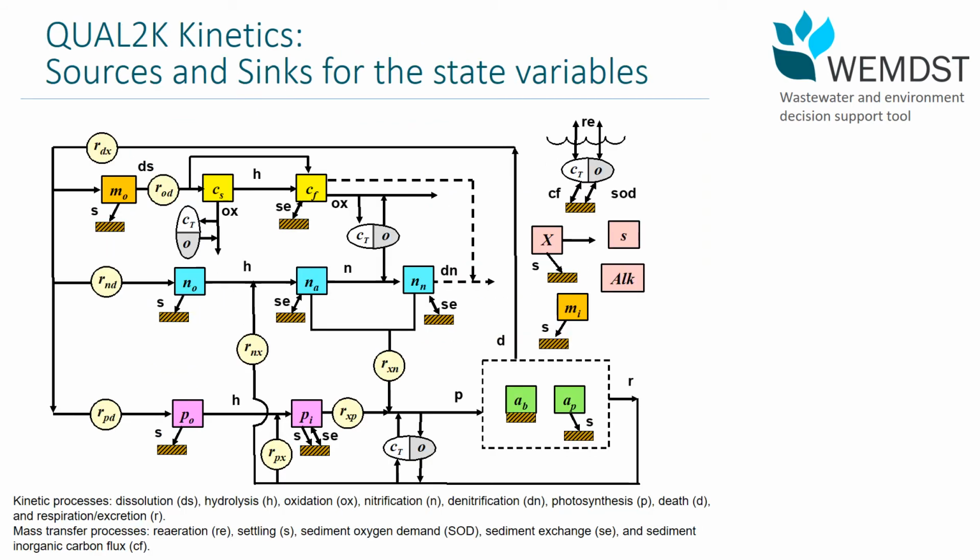Okay, this is quite a challenging picture to understand. So it is showing the interrelation between the kinetic processes and mass transfer processes. They are solved for each observed reach by means of differential equations, simultaneously solved.